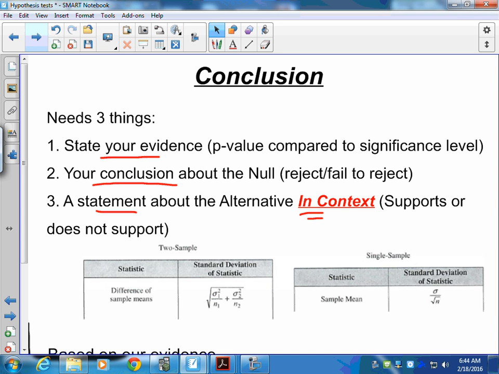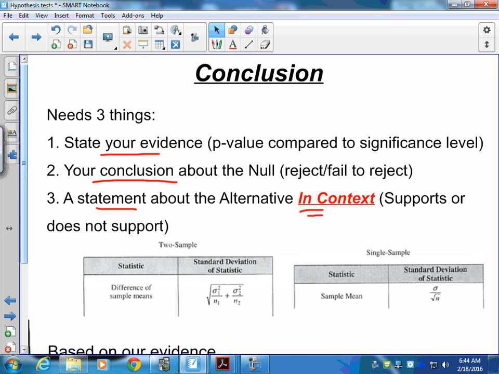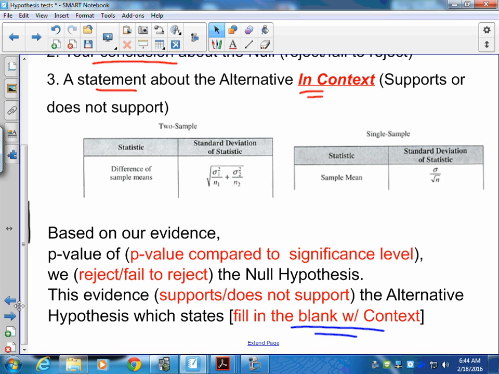They'll let you do that. You'll lose your points for the calculation side, but you can still get full credit for your conclusion if you have some number and you write a proper conclusion based off of that value.